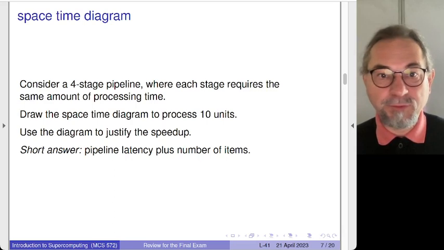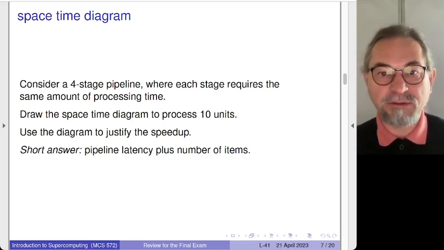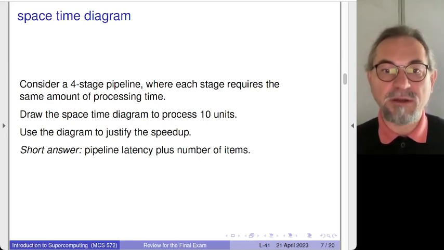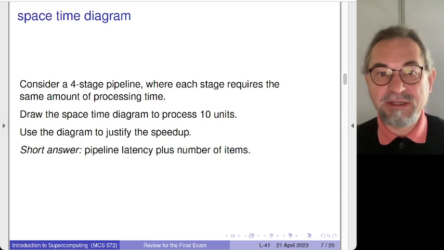So to process one item, it requires 4 steps. So we can take the same processing time as the unit time. So if you have to process 10 units, it will take 40 time units. Now, if you have a 4-stage pipeline, what is the speed up?